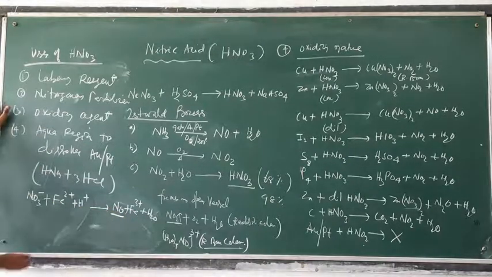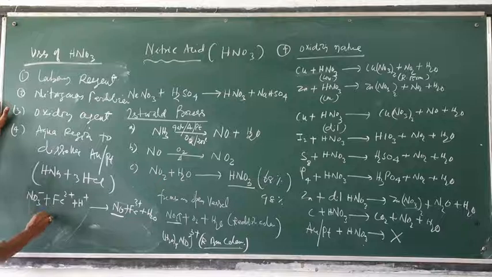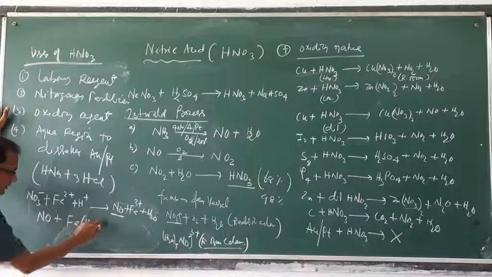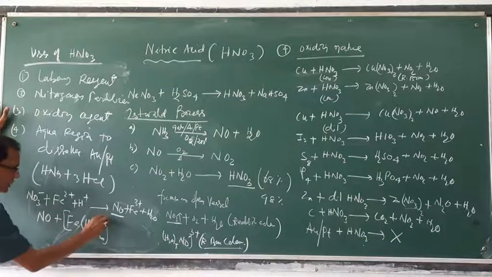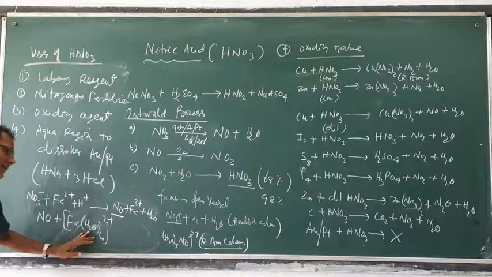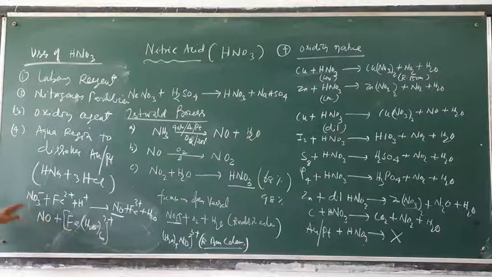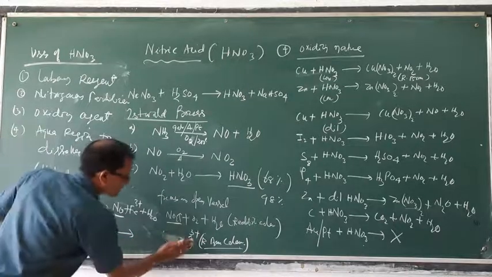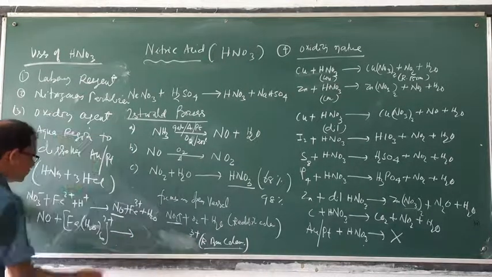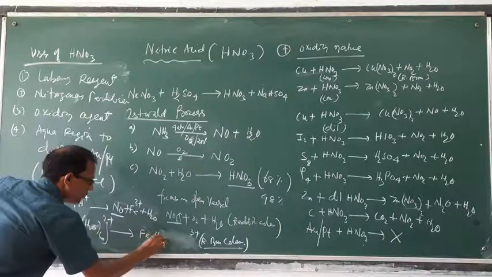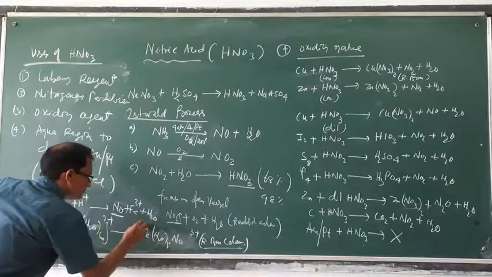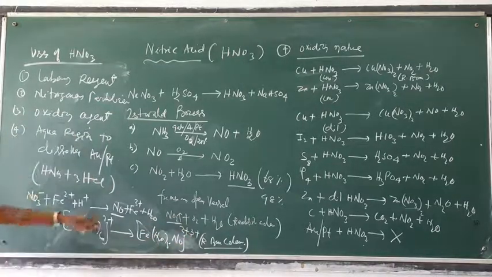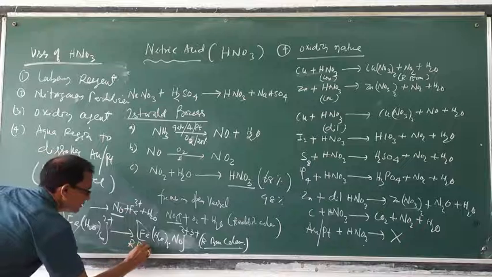Then this nitric oxide reacts with the hydrated complex of ferrous ion and water, forming one complex. The complex is [Fe(H2O)5NO] 2+, and its color is reddish brown, as you have seen.